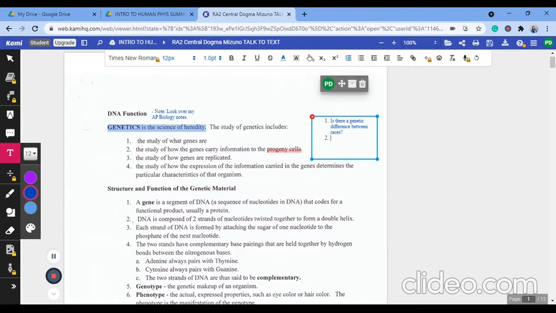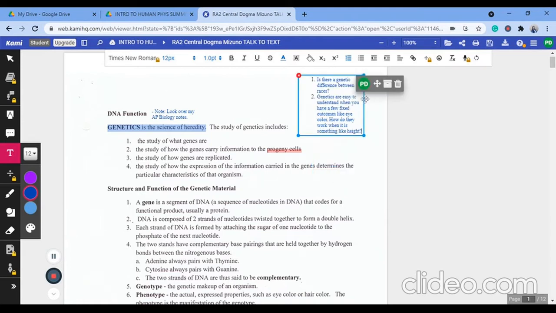I don't know how to format this in a more appropriate way, but I'm just going to type it the same way I said it: when you have a few fixed outcomes like eye color, how do they work when it is something like height? Okay, so I'll just move this right here.